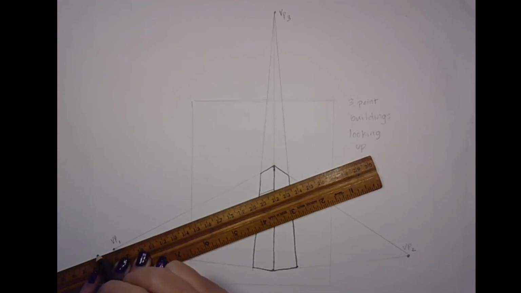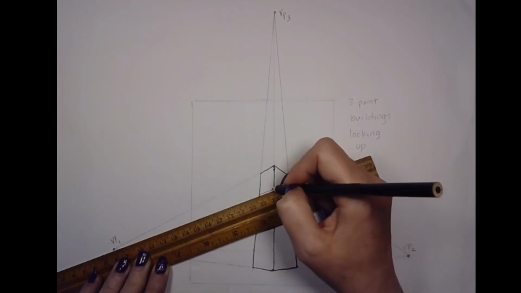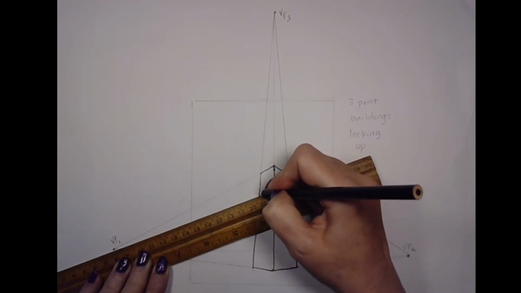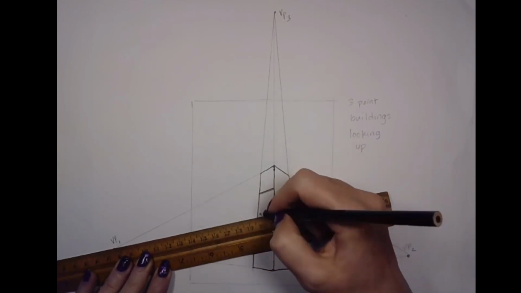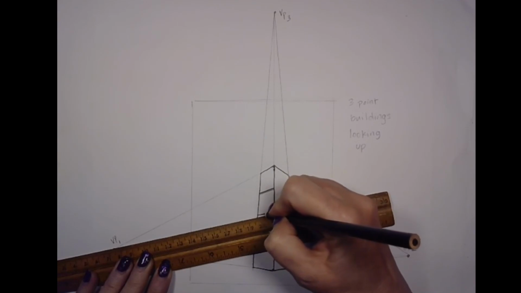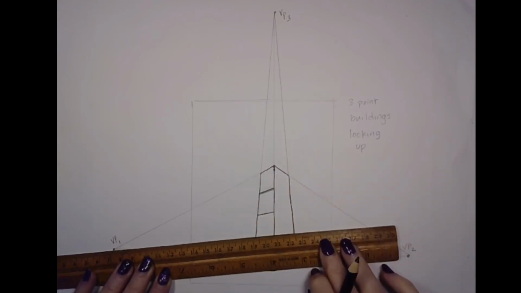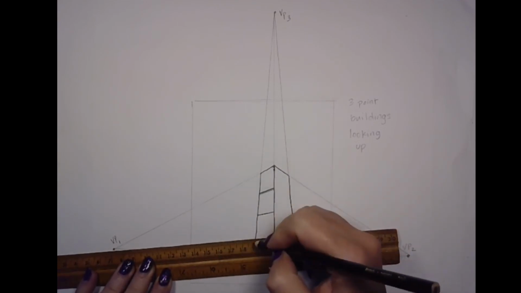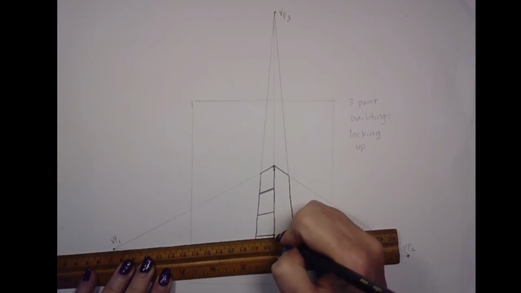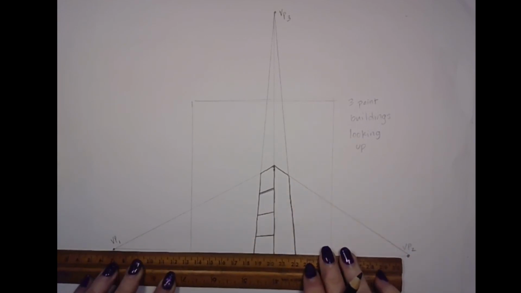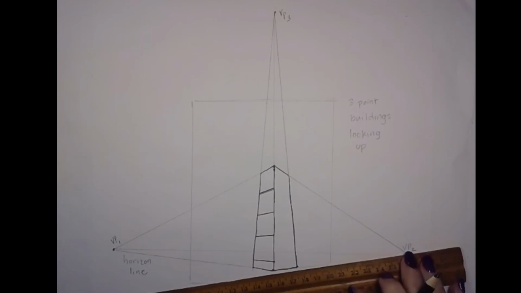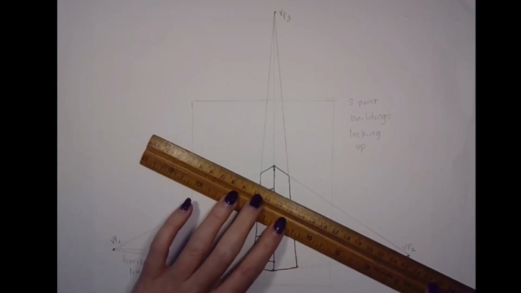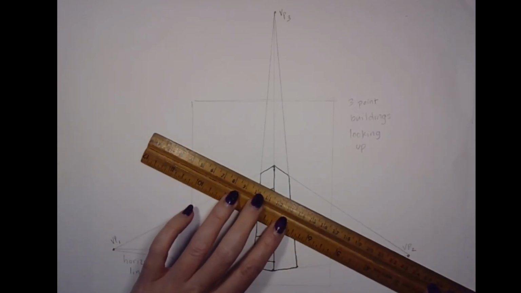You can draw all the way through, or if you know where it's going, you can just do that little part. On this side, they would go to vanishing point 2.